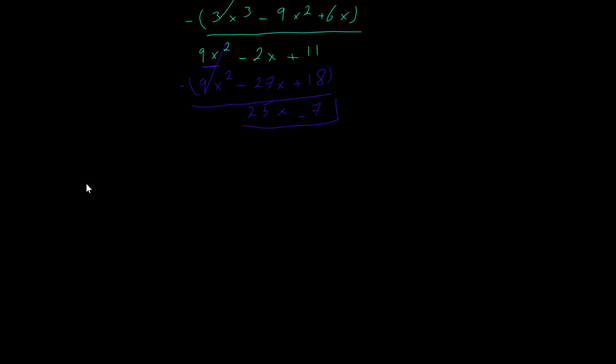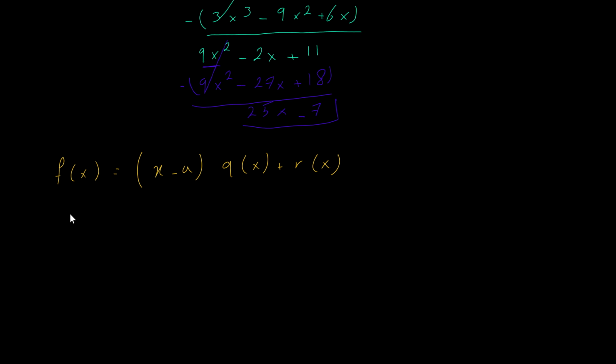The remainder theorem says that if we have f of x equal to x minus a times q of x plus r of x, and f of x is divided by x minus a, then the remainder is going to be f of a.